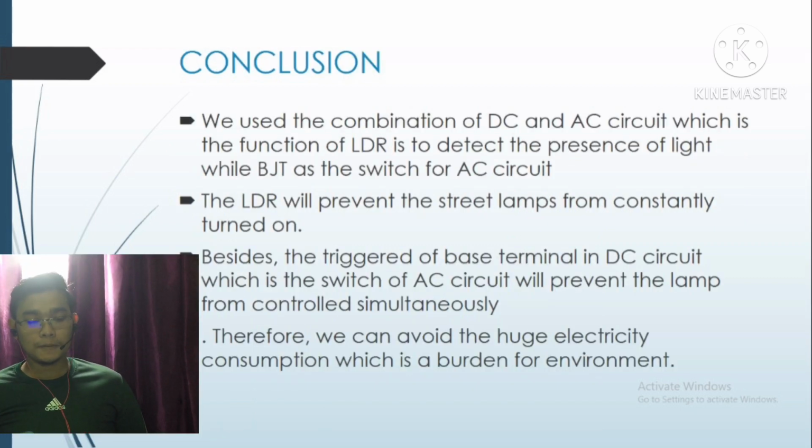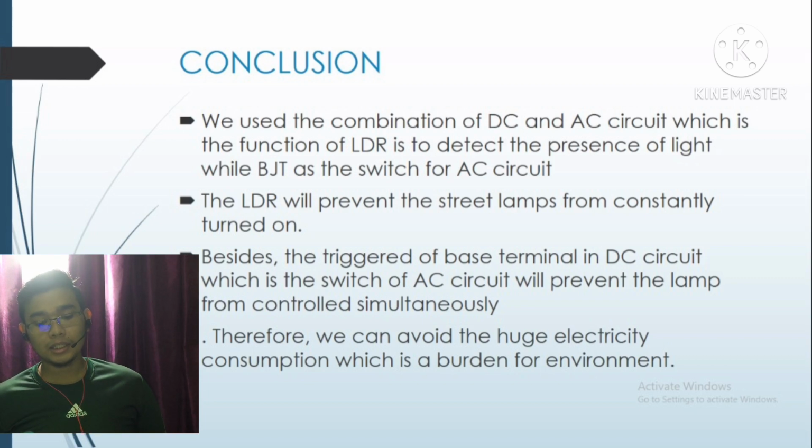For my conclusion, we use a combination of DC and AC circuits, where the function of the LDR is to detect the presence of light, while the BJT acts as the switch for the AC circuit. The LDR will prevent the street lamps from constantly turning on.